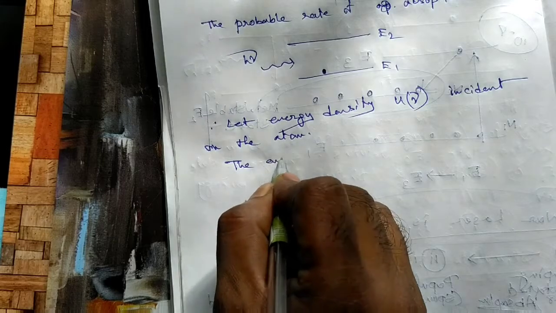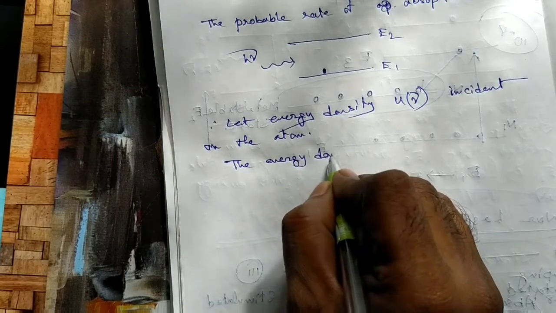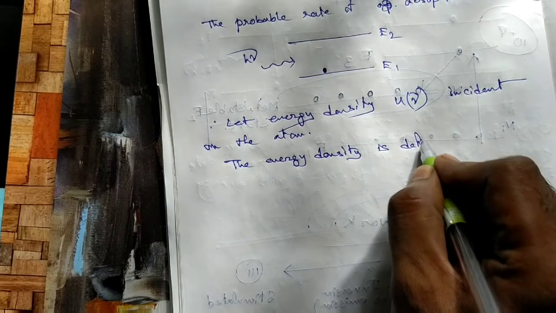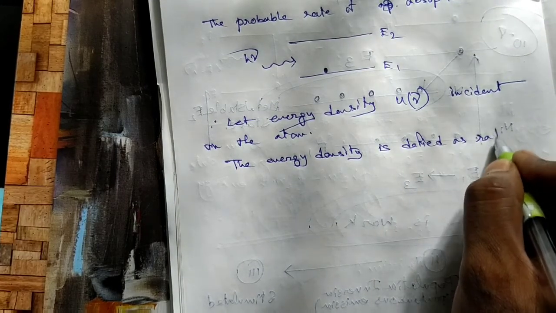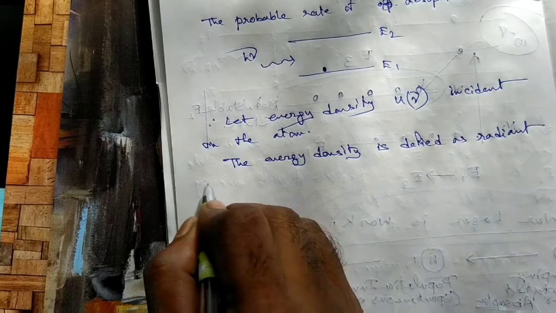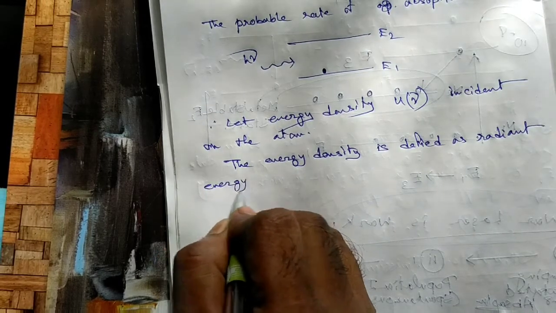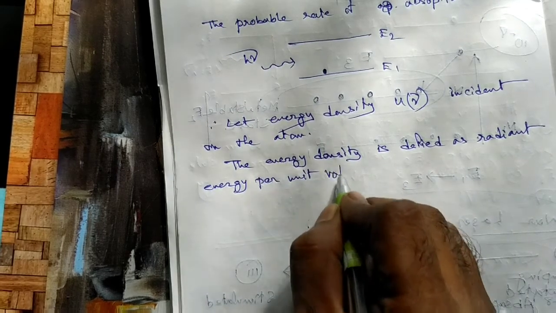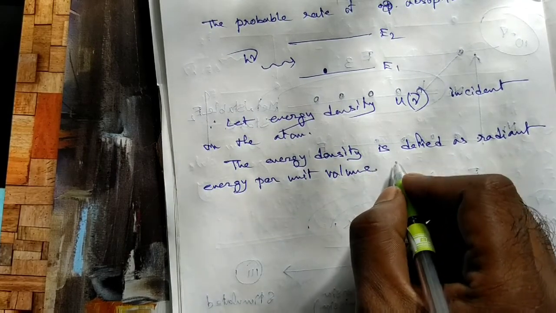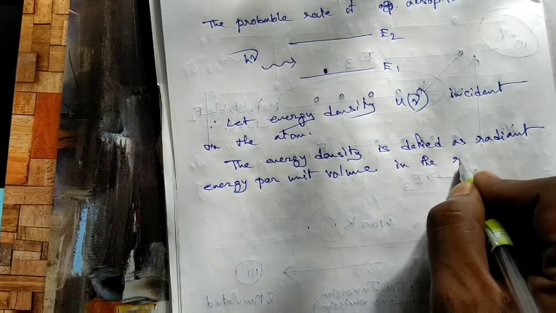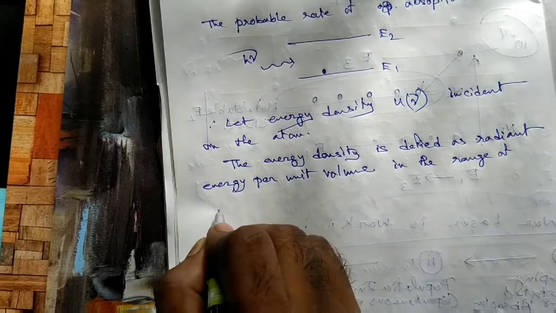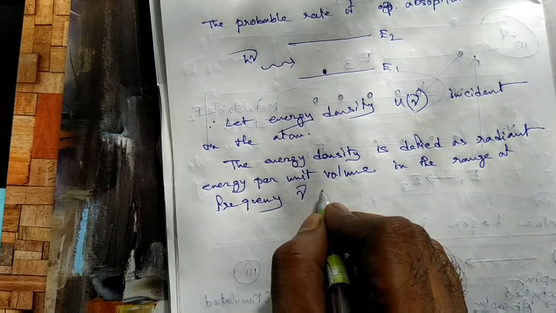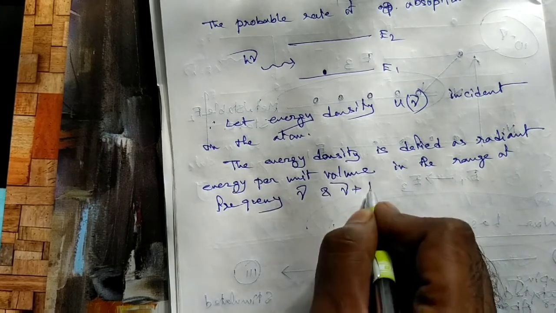The energy density is defined as the radiant energy per unit volume in the range of frequency nu and nu plus d nu.